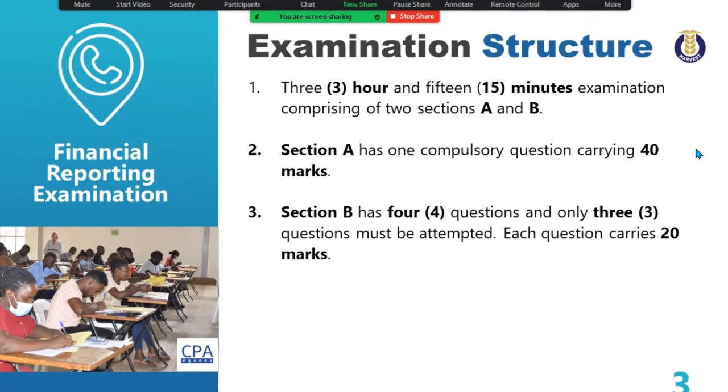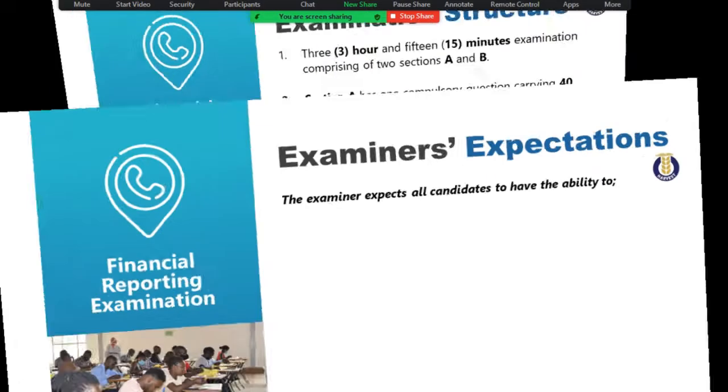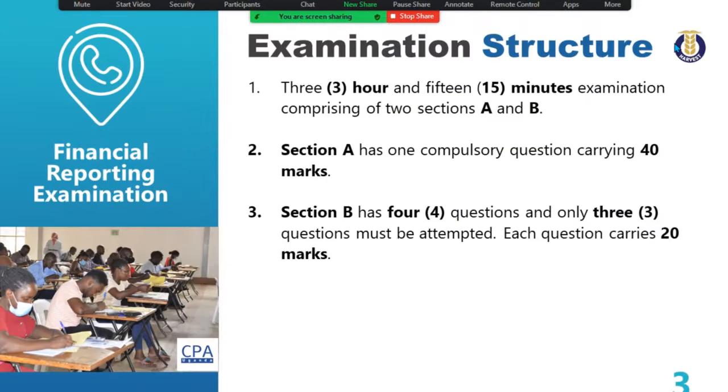The financial reporting examination is a 3-hour and 15 minutes examination comprising of 2 sections, section A and B. Section A has 1 compulsory question which is carrying 40 marks.